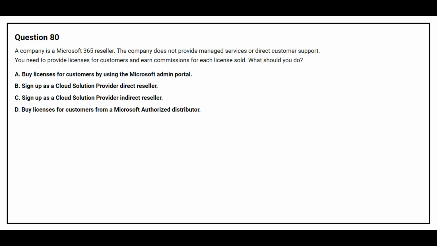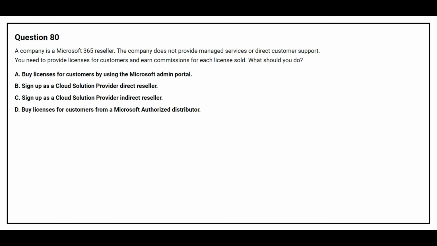Question number 80. A company is a Microsoft 365 reseller. The company does not provide managed services or direct customer support. You need to provide licenses for customers and earn commission for each license sold. What should you do? Option A, buy licenses for customer by using the Microsoft Admin Portal.